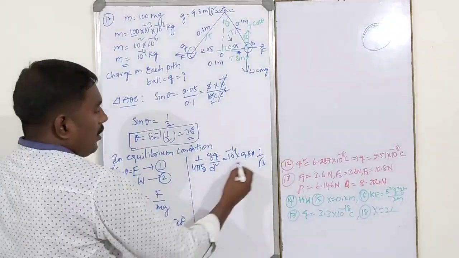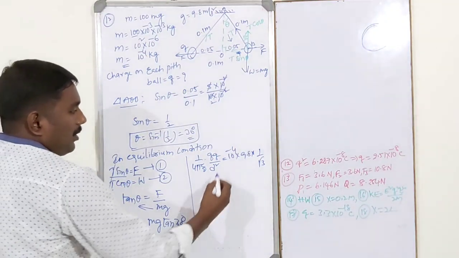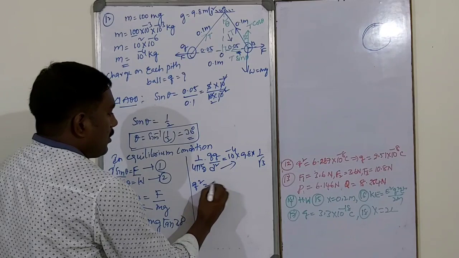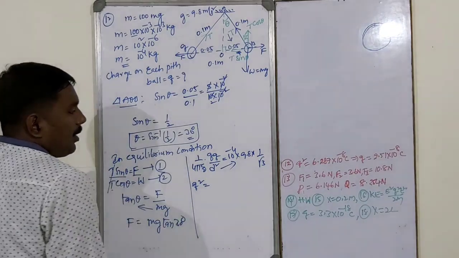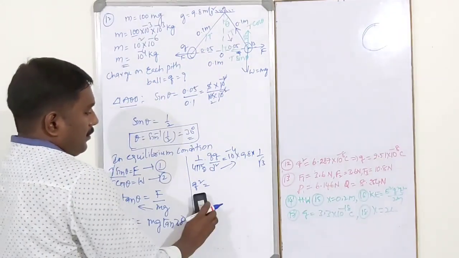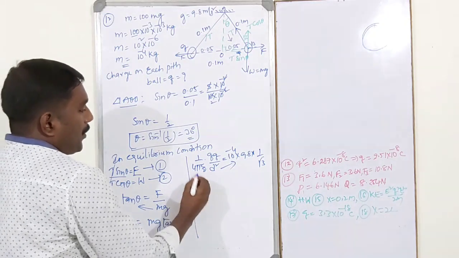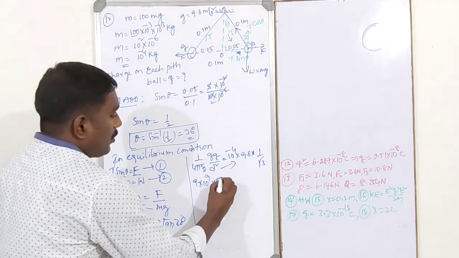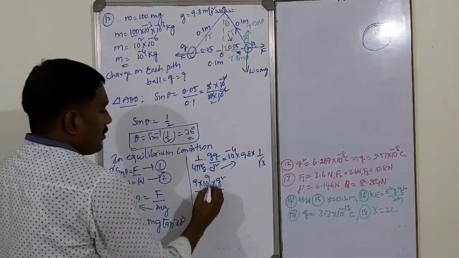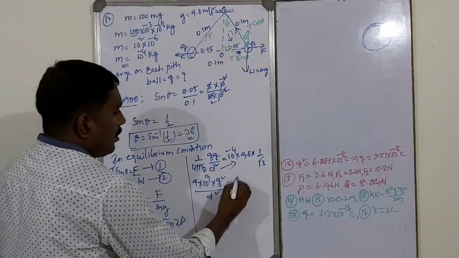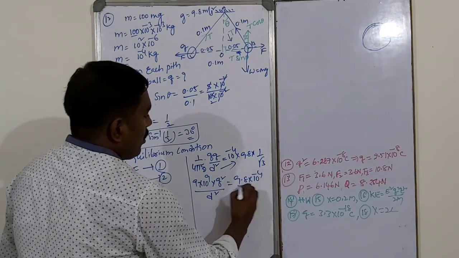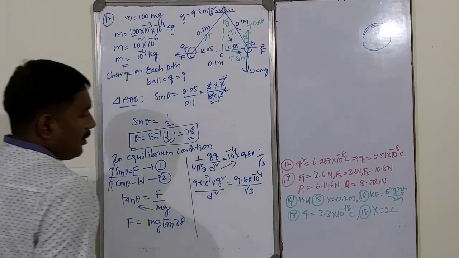So remaining all terms are taken by cross multiplication. On cross multiplication, students, q square. So 1 by 4 pi epsilon naught is 9 into 10 power 9, into q square divided by d square, is equal to 9.8 into 10 power minus 4 divided by root 3.